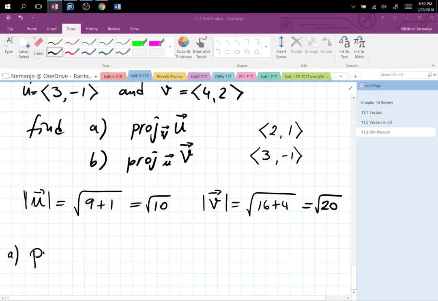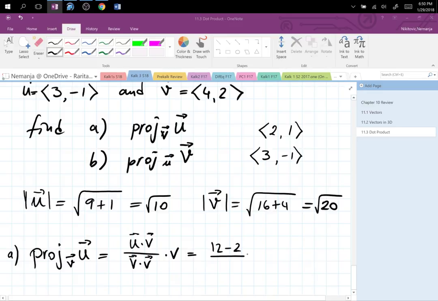So part A, projection of vector u onto vector v is the dot product u dot v over v dot v times v. Now all these are vectors. The dot product of u dot v is 12 minus 2, divided by v by itself, which is 16 plus 4. So that's 10 over 20, that's 1/2.